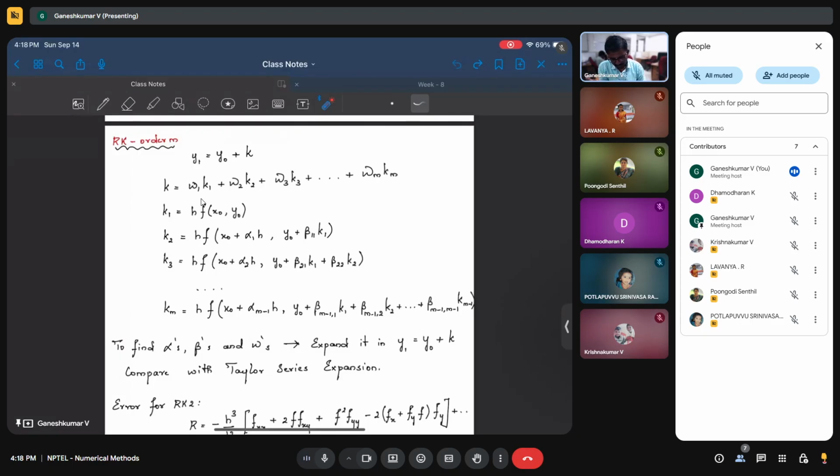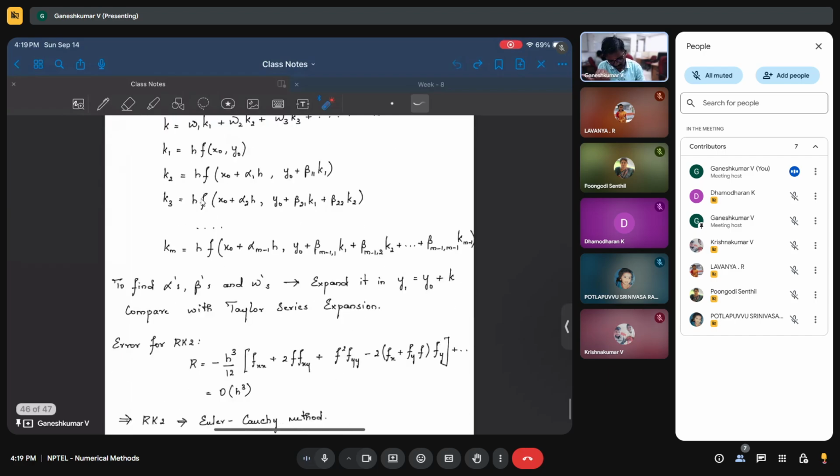So k1 can be written like this, and k2 is a small increment in h, and using this a newer, better estimate of y in the function evaluation, and you keep doing it again and again for the mth order.